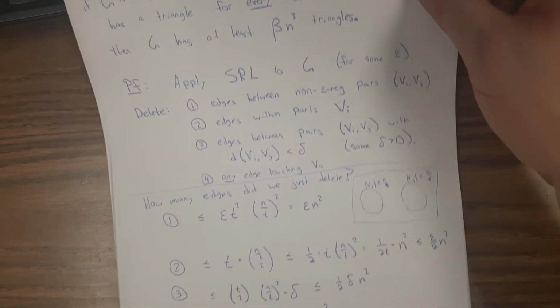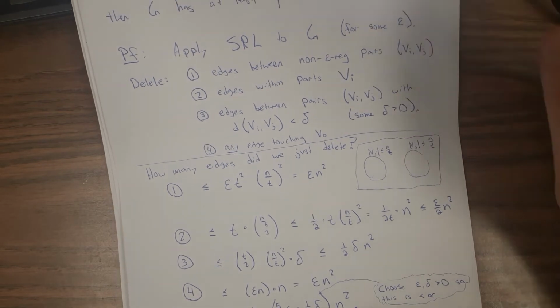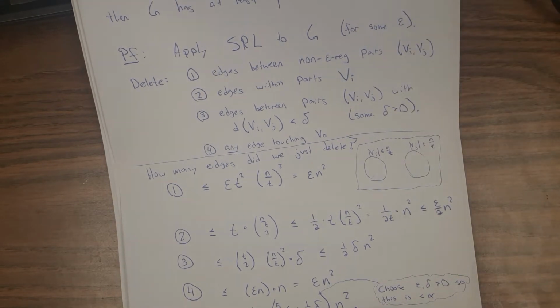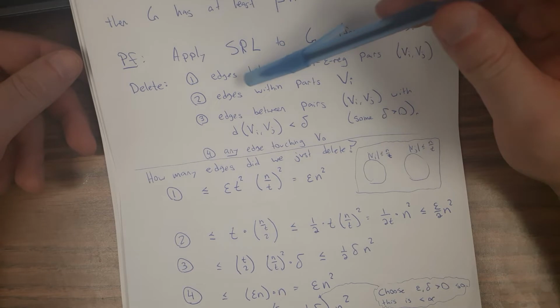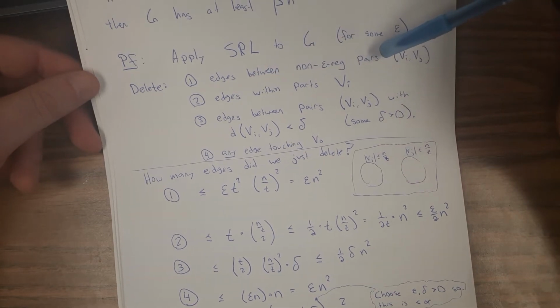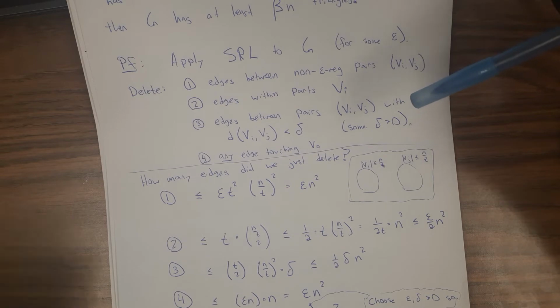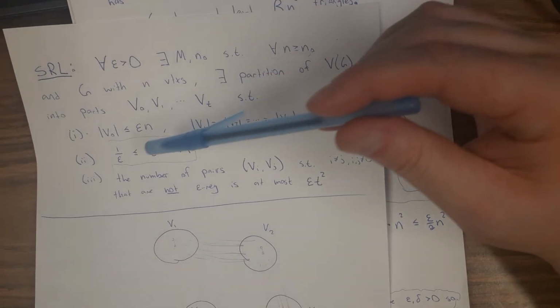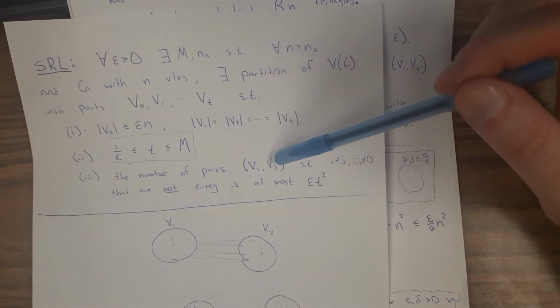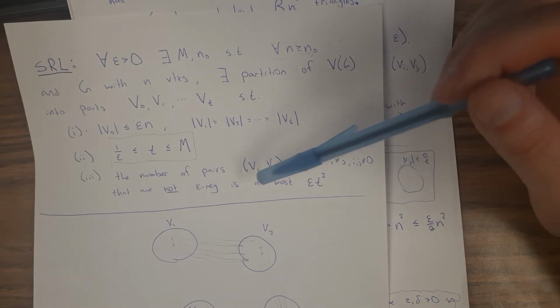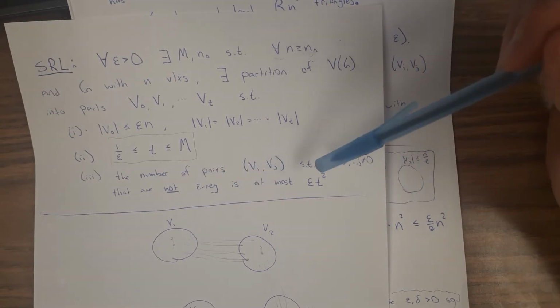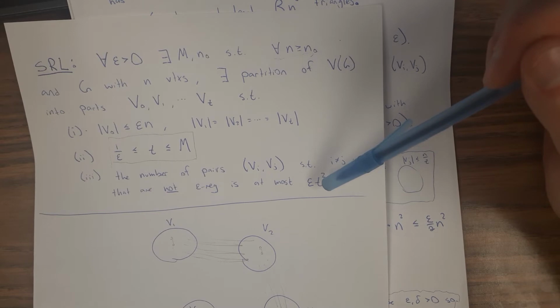And, well, how many edges did I just delete? Okay, so in step 1, it was edges between non-epsilon regular pairs. Well, the regularity lemma says that the number of pairs that are not epsilon regular is at most epsilon t squared.